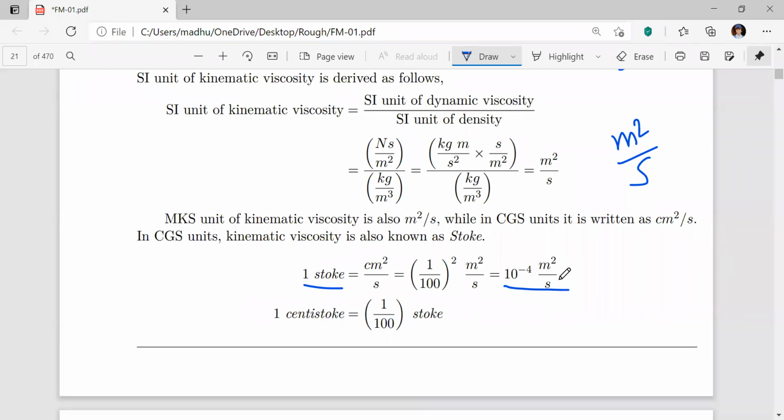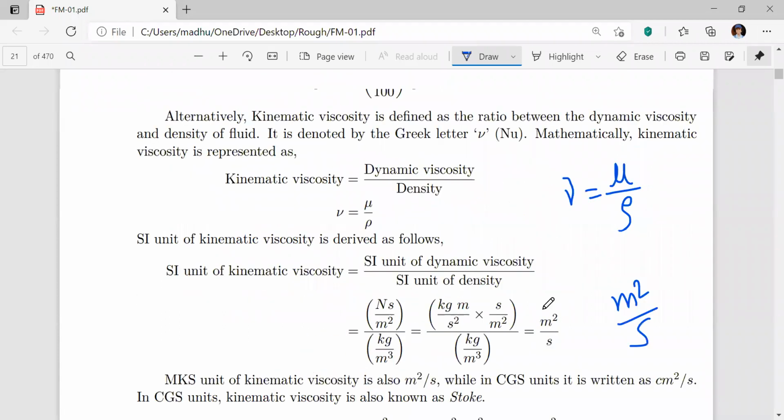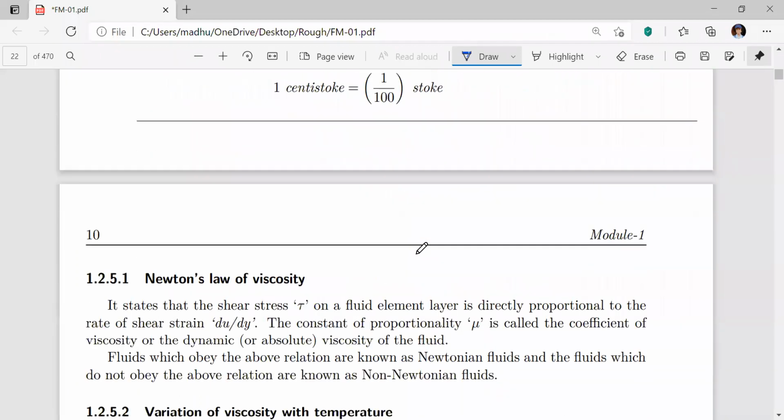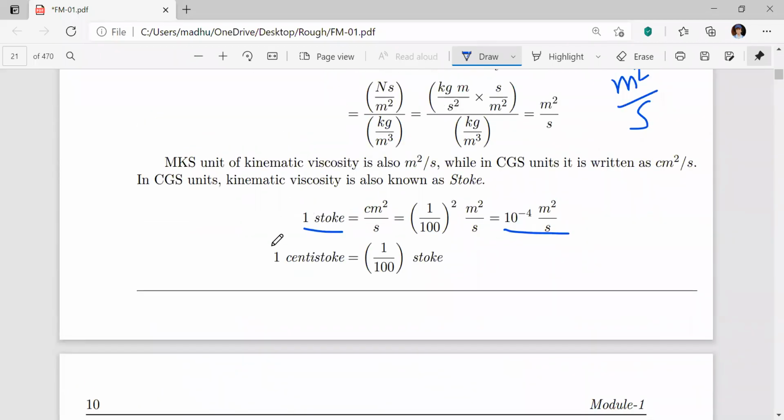Therefore you need to be very careful and convert dynamic and kinematic viscosities given in Poise or Stokes into SI units. So 1 Stoke is equal to 10 to the power of minus 4 meter square per second. Similarly, 1 Poise is equal to 1 by 10 Newton second per meter square. These two equations you have to remember so that you can convert these things very easily.